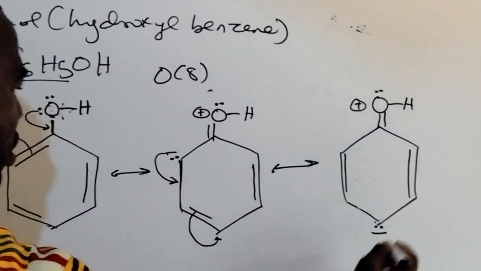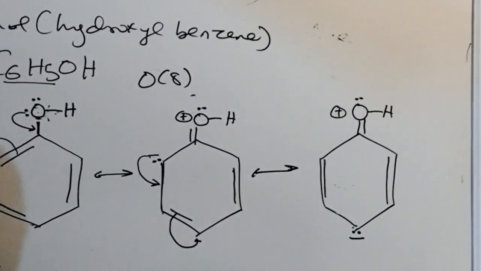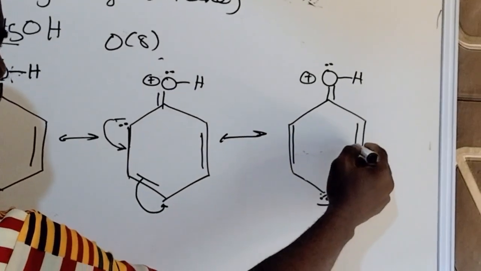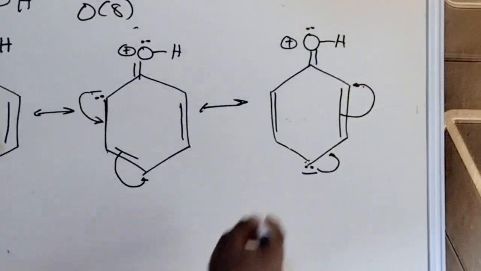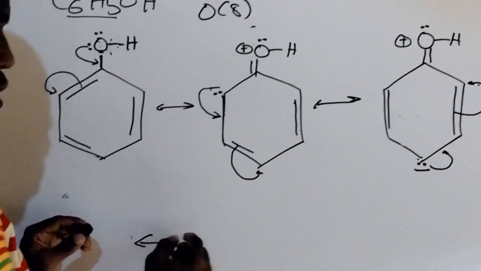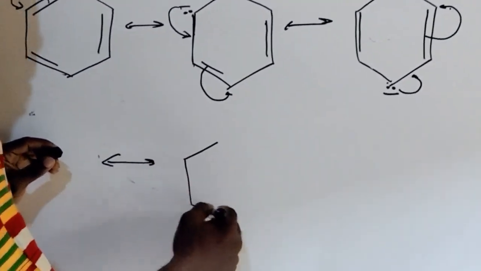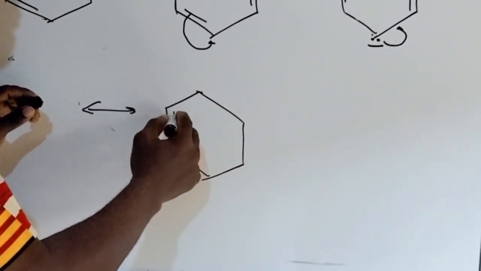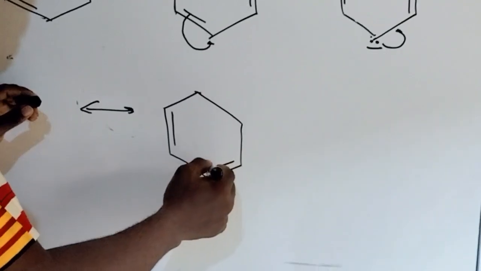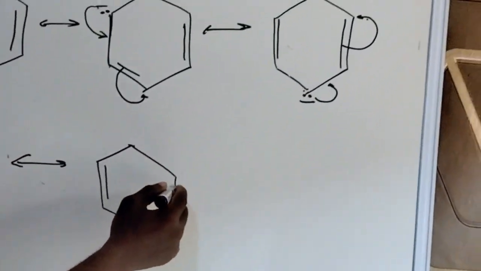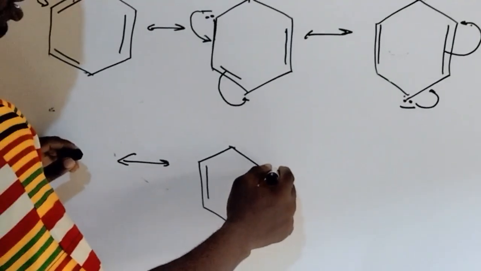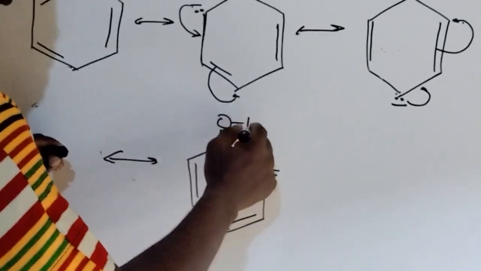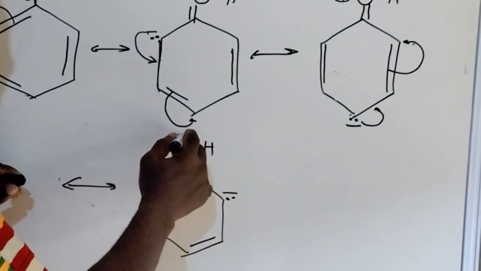You can see it shift again. This one moves to this point, while this one goes to the adjacent carbon atom. We now have this structure produced. This bond locates itself here, while this bond goes there to make this carbon negatively charged. So we have that.